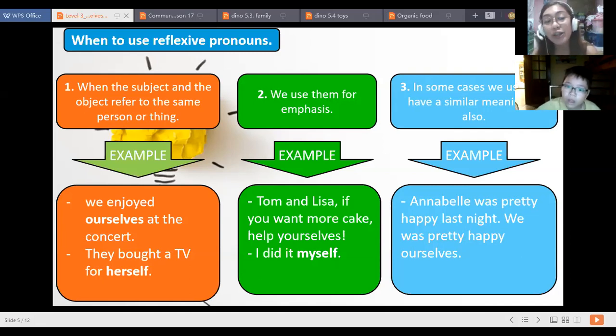Okay, Ken, can you read when to use the reflexive pronoun? When the subject and the object refer to the same person or thing. Can you read it first before you go to number one? Read first the heading, when to use the reflexive pronoun.